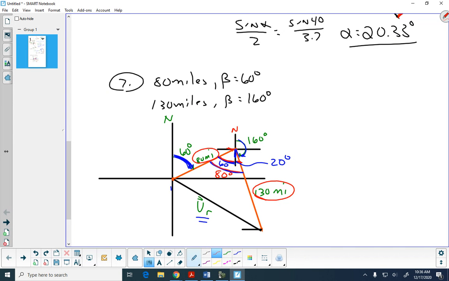Go ahead and write your law of cosines equation that incorporates this length here, 130, this length here of 80, and the measure of this angle of 80 to find VR. VR squared equals, go ahead and write it out. And solve for VR.